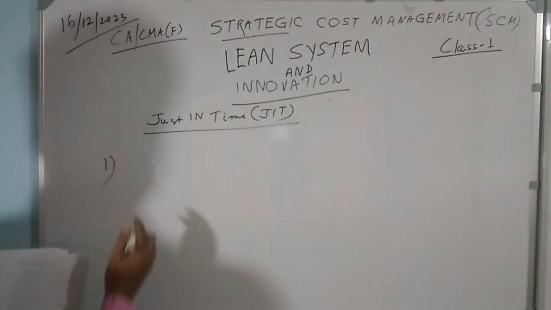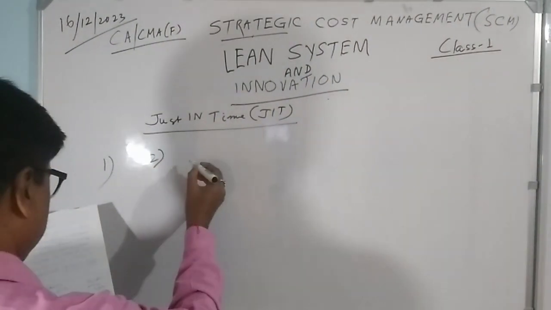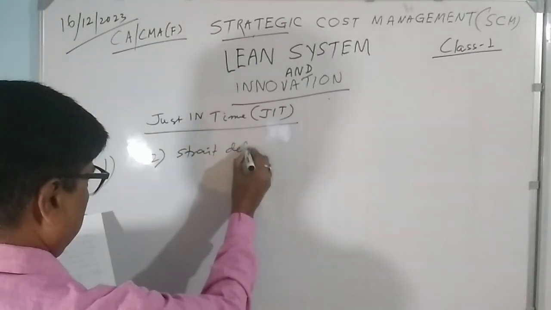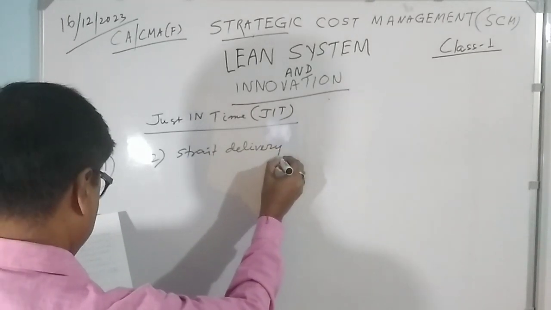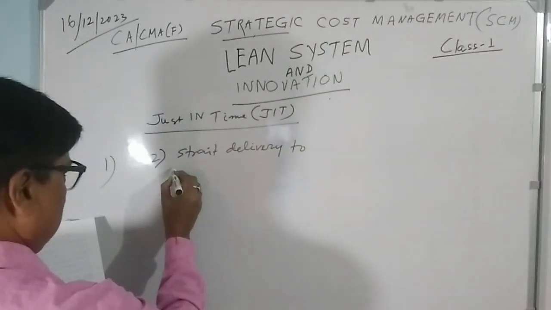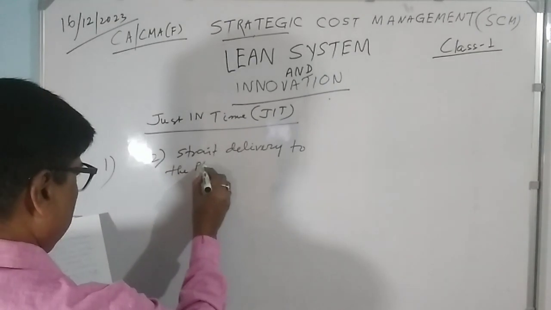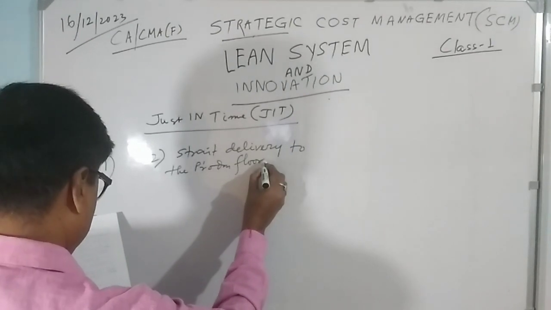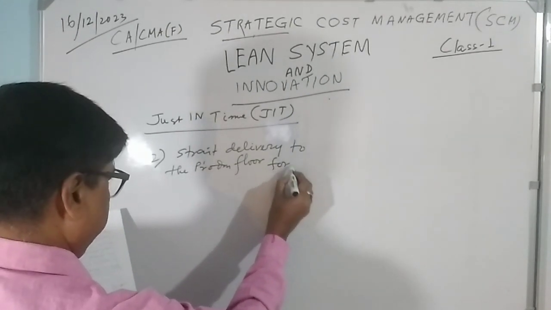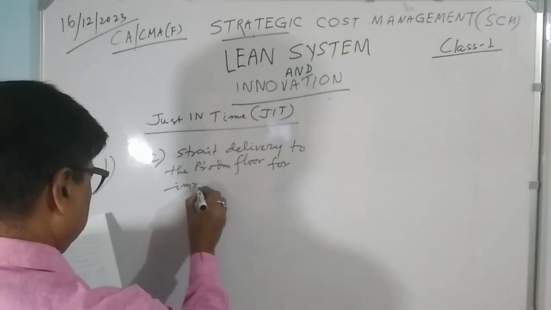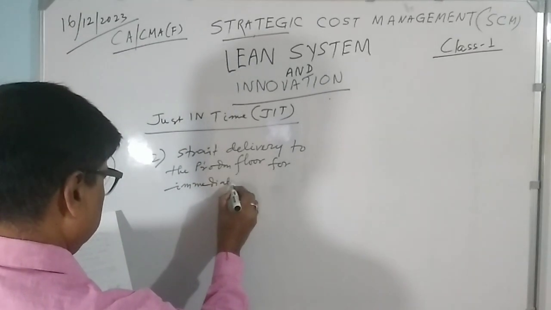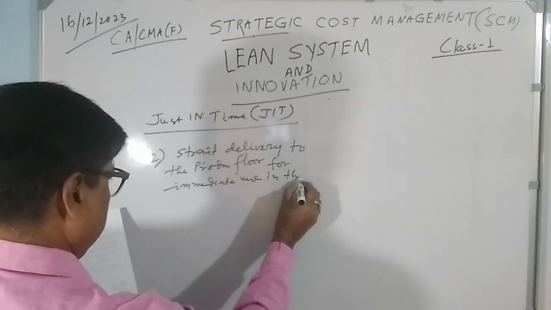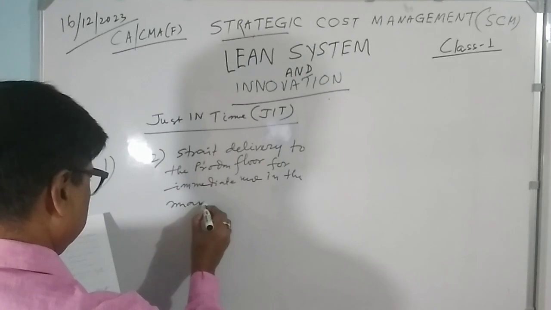Then the second stage, what is your process? Straight delivery to the production floor for immediate use in the manufactured products.